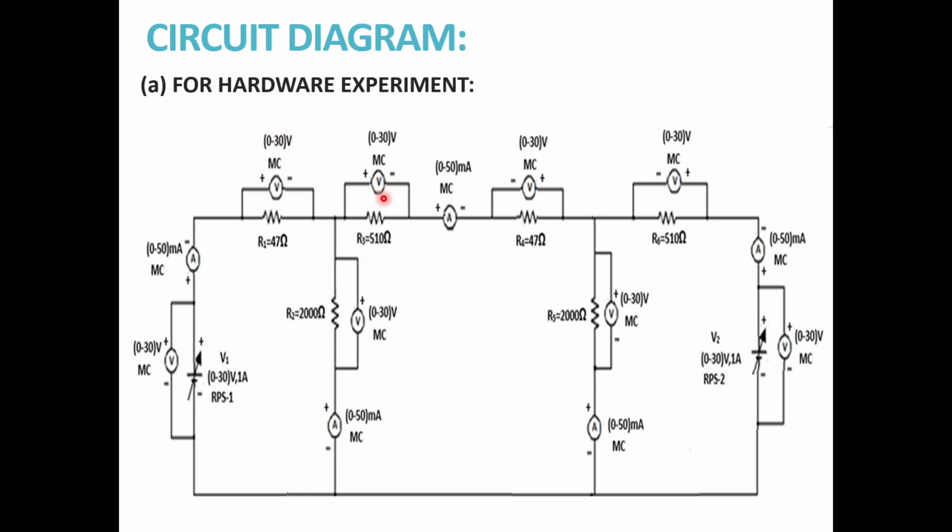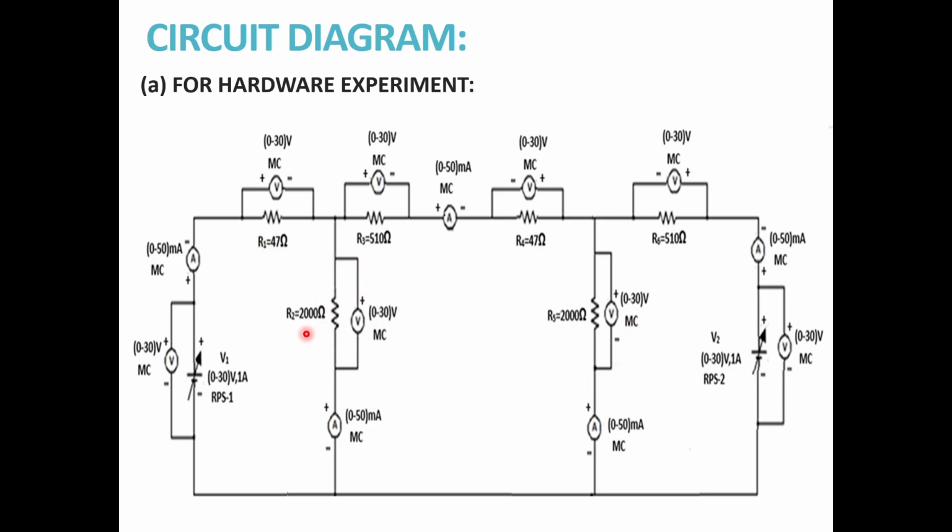Across 510 ohms connect a voltmeter of 0 to 30 volts MC type. Across this 2000 ohms resistor connect a voltmeter of 0 to 30 volts MC type.